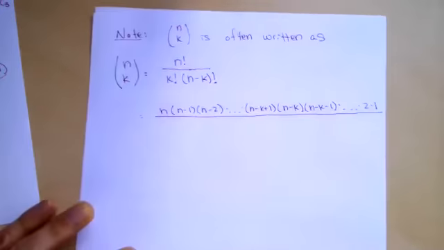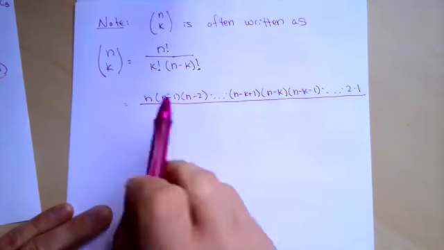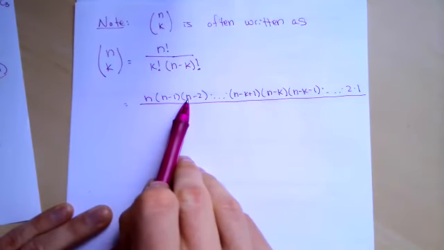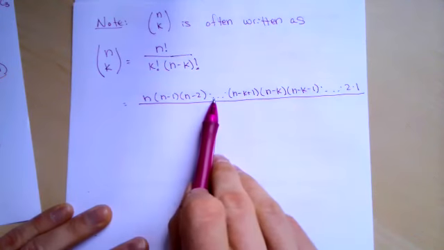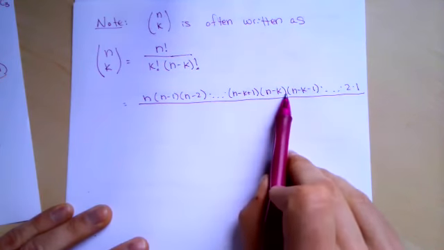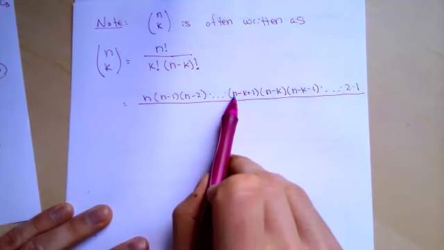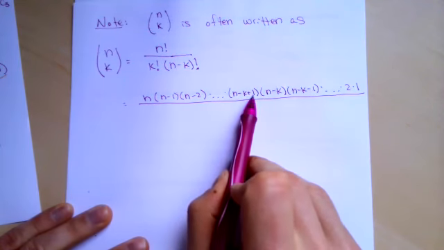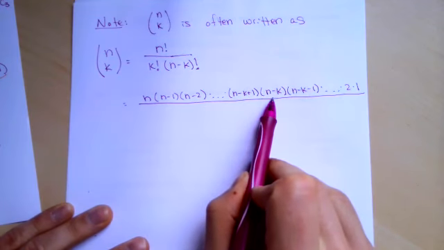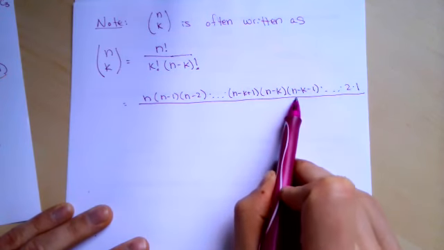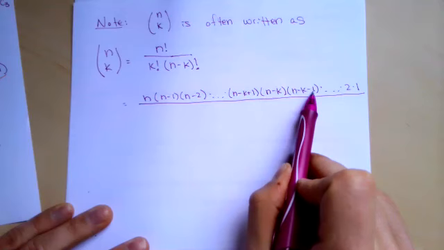So this is my numerator. I just wrote out the first couple terms of the factorial. I wrote out these terms in the middle for whatever k value is. So near k, right? Eventually it'll have n minus k, one more than that. And the one below that's going to be n minus k. The one below that's going to be n minus k minus 1.